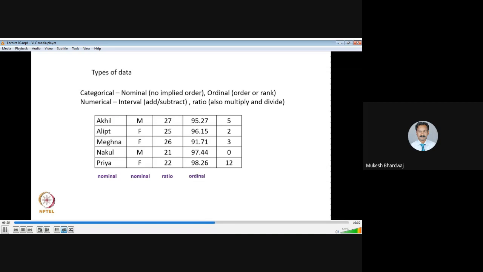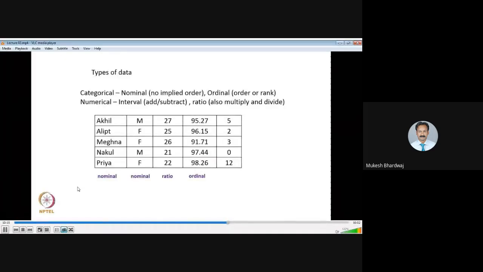The percentile in the qualifying examination is an ordinal type of data. There is an order or a rank. One can say that somebody who got 98.26 had a higher rank than somebody who got 97.44. At the same time, we cannot say that this person has scored, say, 1 mark more, because these are percentiles and these only represent a rank of the mark score.